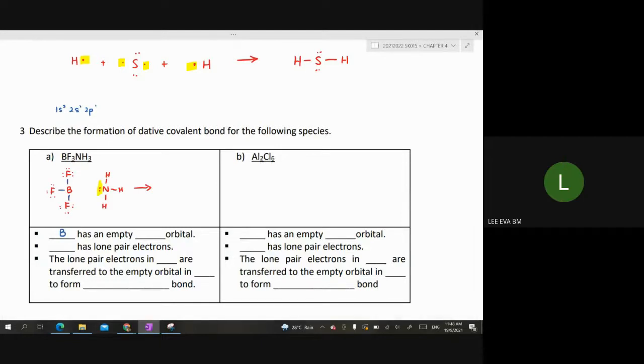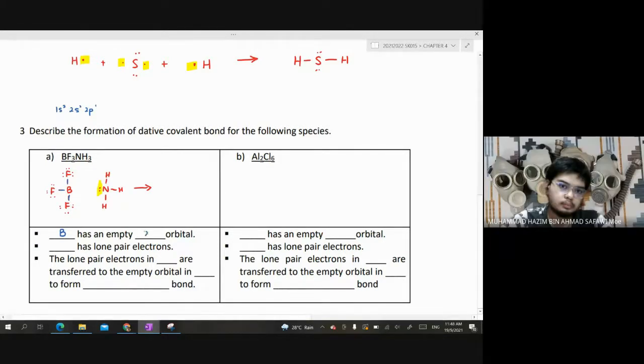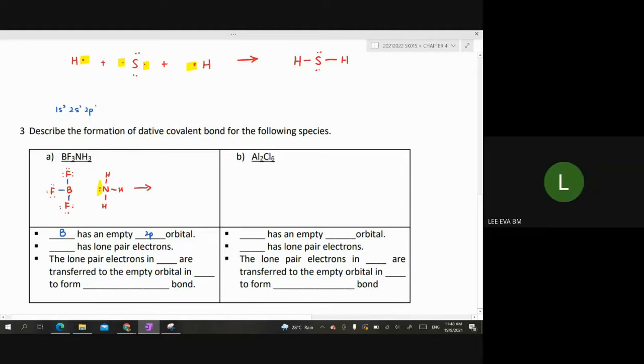So empty orbital dekat sini adalah which orbital? 2s, 2p. 2p orbitals. So after it's sharing with 3 fluorine, now you have an extra 2p empty orbital.